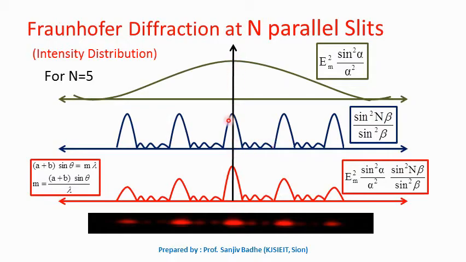When you take the product of these two graphs, we will get the final intensity distribution in case of Fraunhofer diffraction at n number of slits. So the intensity of 0th order maximum, you can see it is highest, because this peak multiplied by this peak will result in highest intensity.